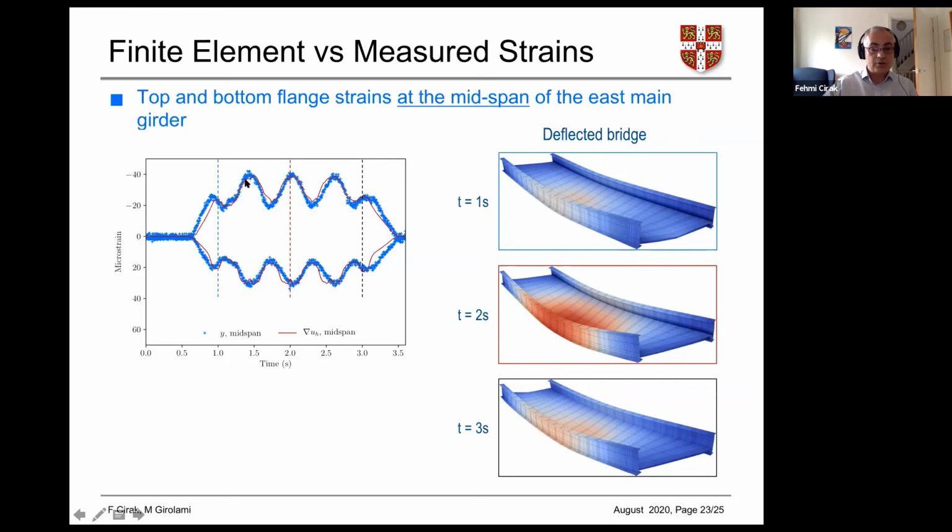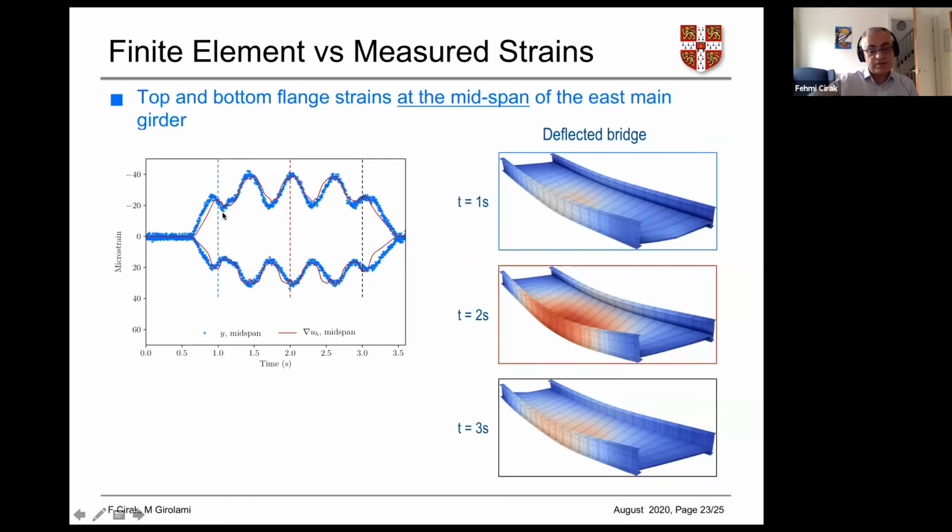So the upper curve is essentially the top flange, where we have compression, right? The blue crosses are the registered or observed strains, and the red line is our finite element result. Okay?